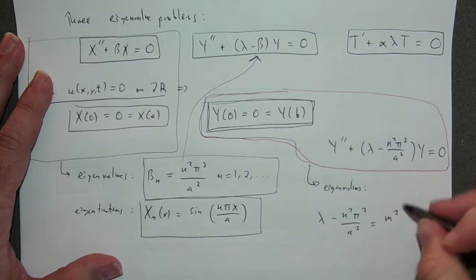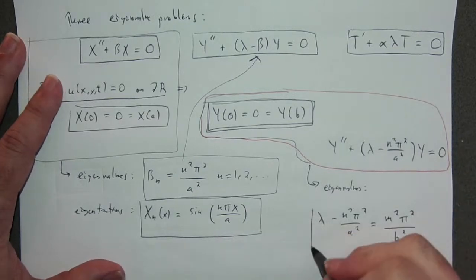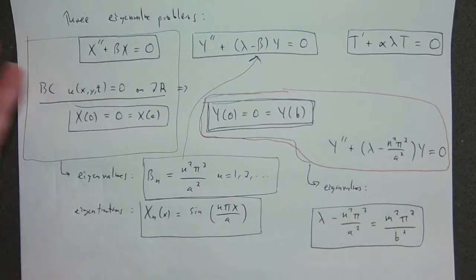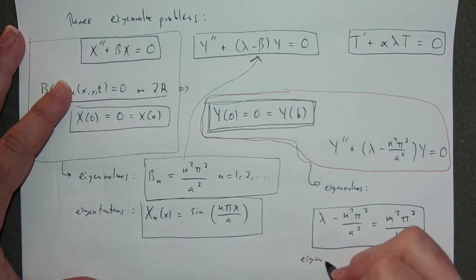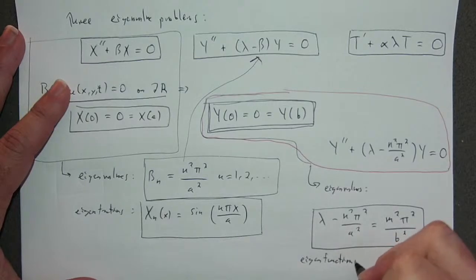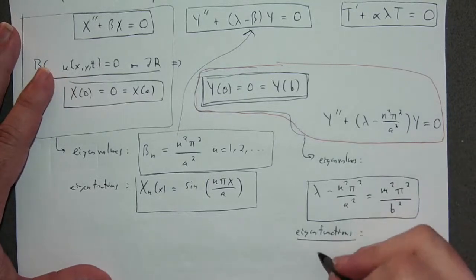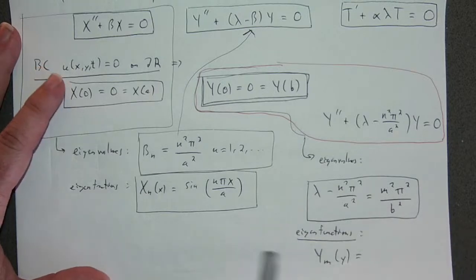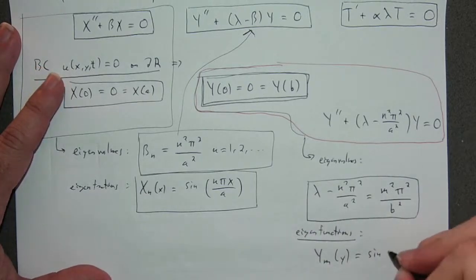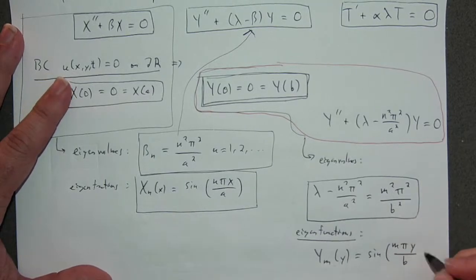This is m squared pi squared over b squared. And so my eigenfunctions here are going to be y sub m of y, which are just sine of m pi y over b.